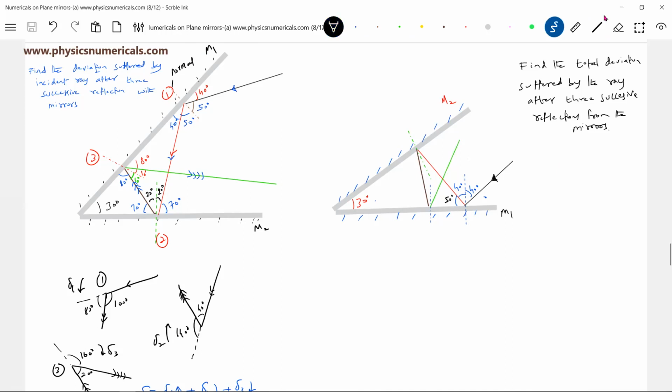So this will be 2 arrows. After reflection, 3 arrows. Finally, after reflection, 4 arrows. So the number of reflections: first, second, third. It is a similar problem to what we had. This angle we have, 30 degrees. How to proceed to the next part of the problem?